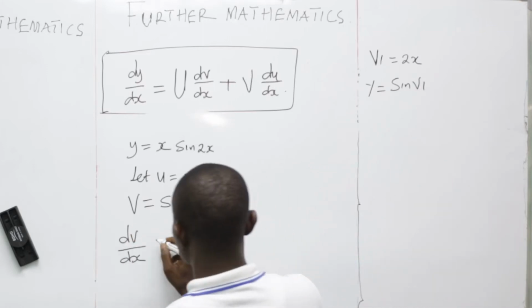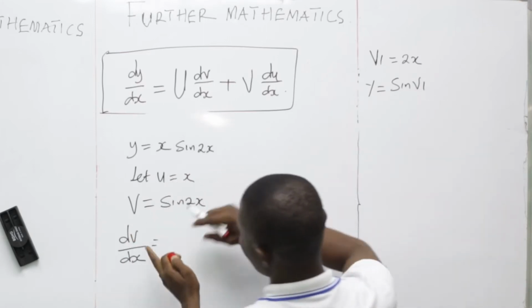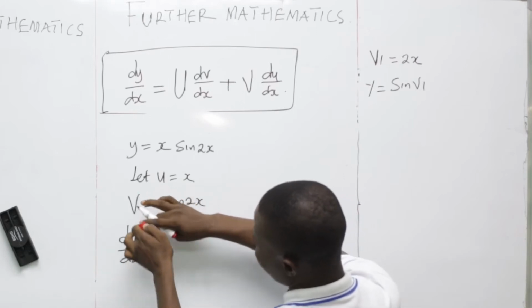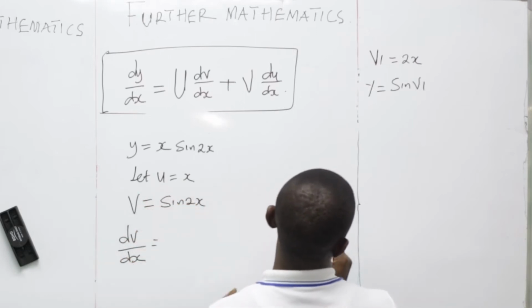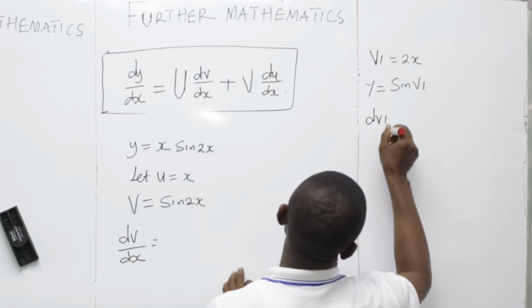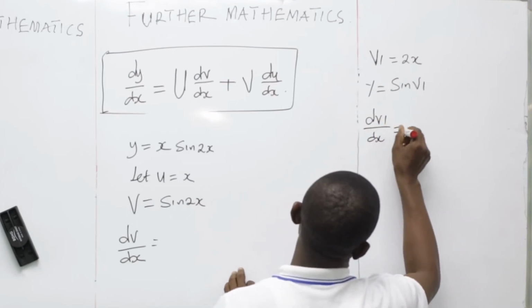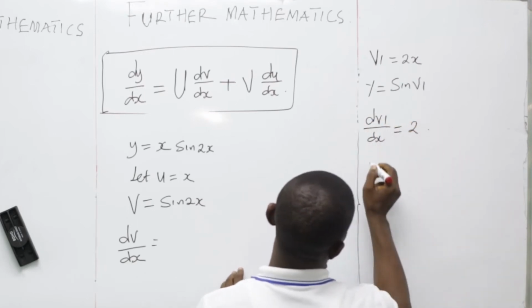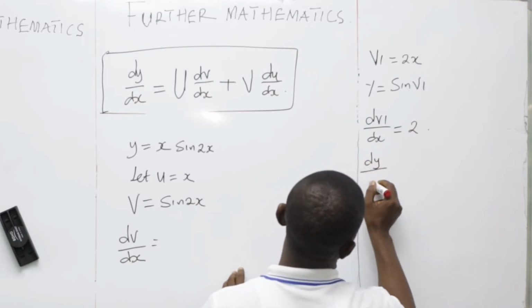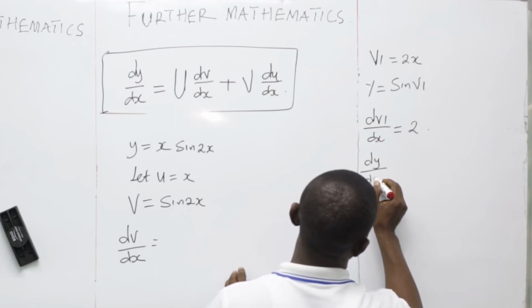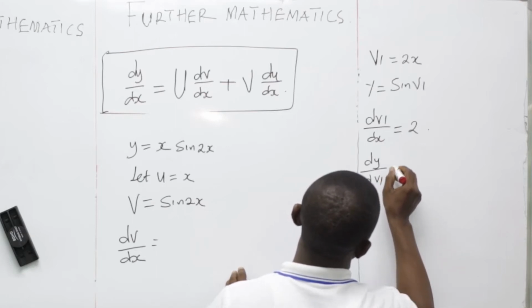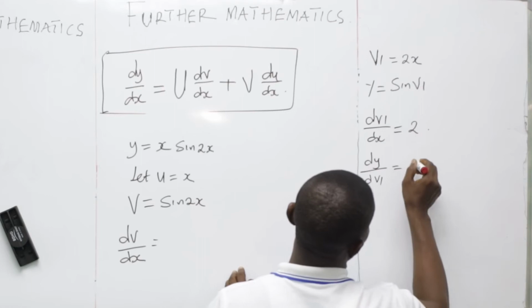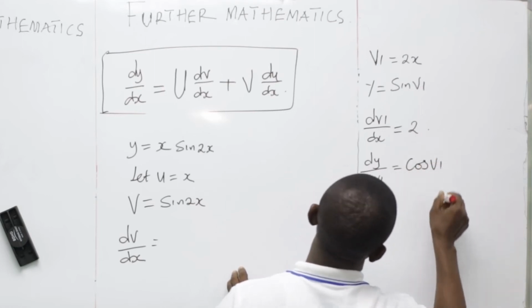I want to handle it so that whatever I have here, you are bringing it back as dv/dx. Now, dv1/dx equals 2. dy/dv1 equals cos v1.